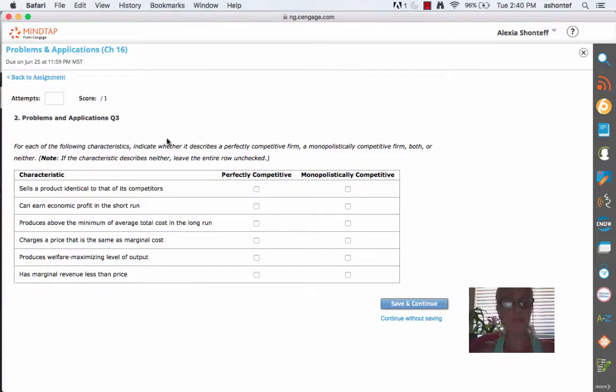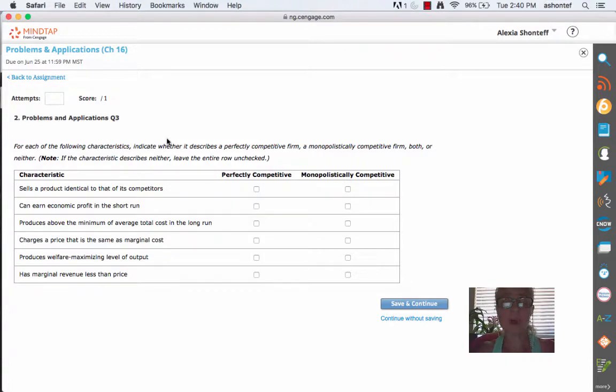As I mentioned a minute ago, let's go with the first one, sells a product identical to that of its competitors. Remember, in monopolistic competition, the firms are constantly advertising and trying to differentiate themselves from everybody else. While in perfect competition, they have to take the market price that is determined by the market.